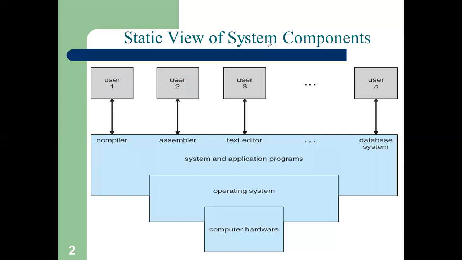On this platform we can install other system softwares as well as various application programs as per the needs of the customers or users of the institution or company. Other system softwares include compiler, assembler, text editor, linker, loader, etc., and also the database system. How they connect with the operating system you can see in this diagram.